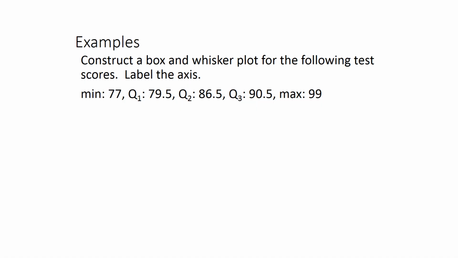Construct a box and whisker plot for the following test scores and label the axis. With the box plot, we only have one axis, so draw it further down so you have room for your graph, and you need to label it, which is test scores. The ticks on the axis need to be equally spaced apart. We don't have to start at 0 or anything. The minimum is 77 and the max is 99.